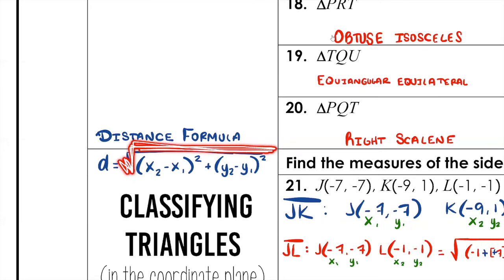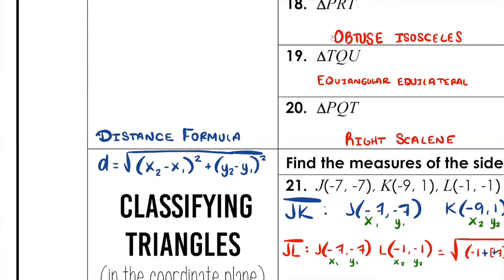So it's the square root of x2 minus x1 squared plus y2 minus y1 squared. It really should be familiar.